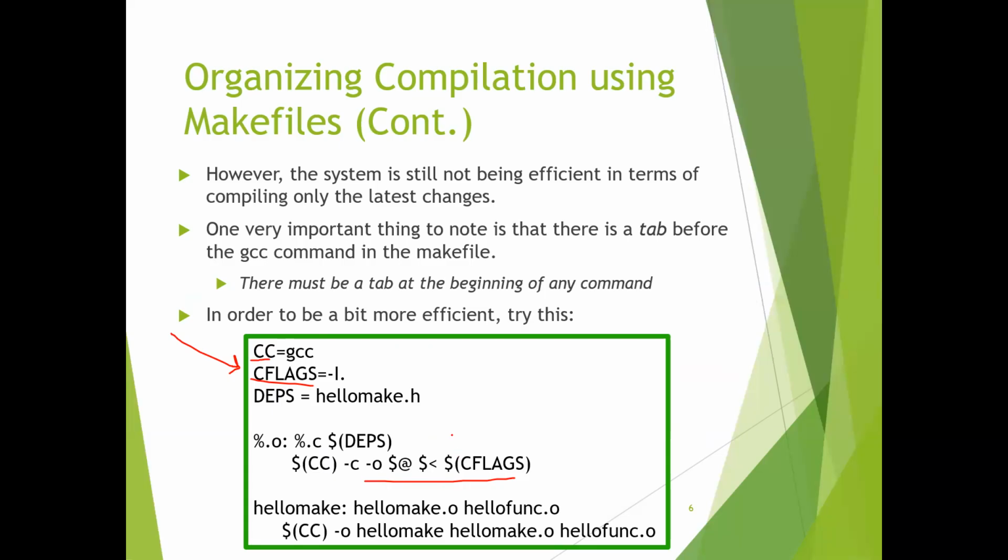What it does is it creates the hello make executable file by calling the compiler GCC, using all the header files in the same directory, which is basically hello make.h. And anytime that hello make.c changes, it compiles it to create hello make.o. Anytime that hello func.c changes, it compiles it to create hello func.o.